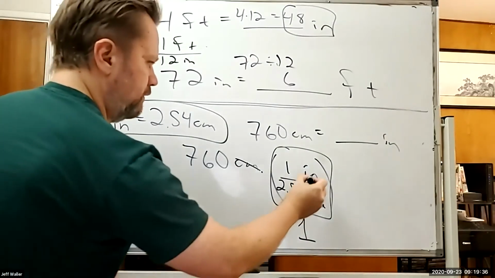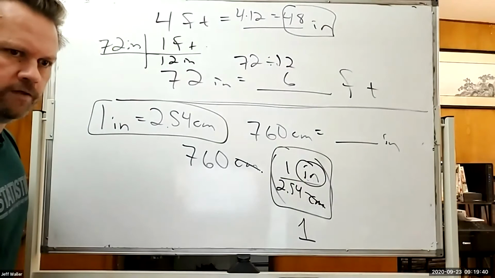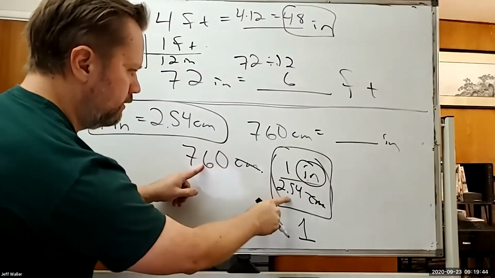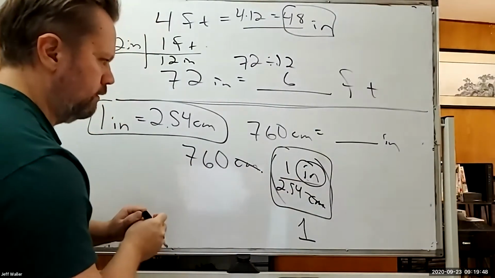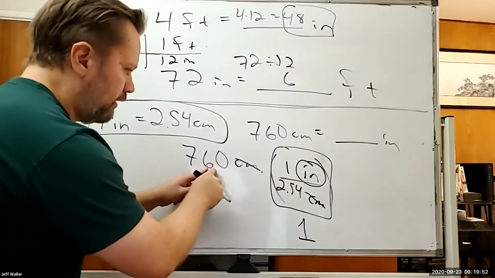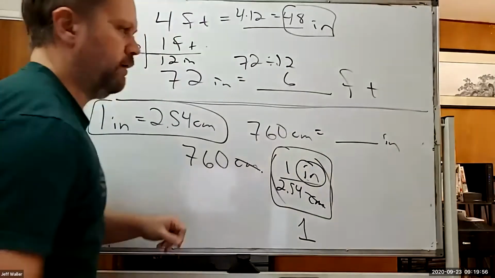And what's left? Inches. So what does this tell me to do with 760? Division. So if you just do 760 divided by 2.54, you'll get the answer.